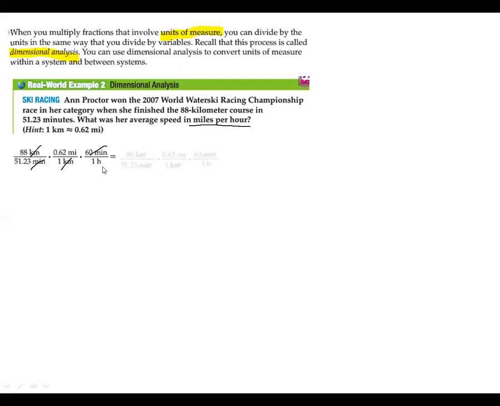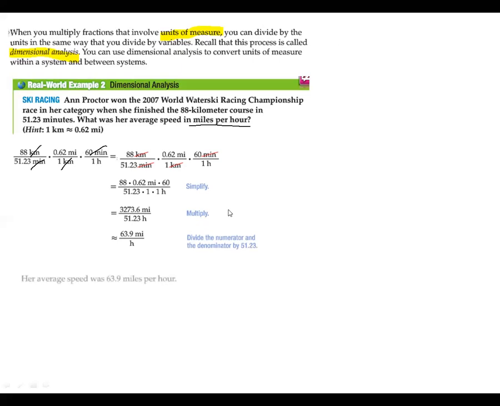So then you just multiply straight across the numerator and denominator, and you get 63.9 miles per hour, okay? So her average speed was about 63.9 miles per hour.